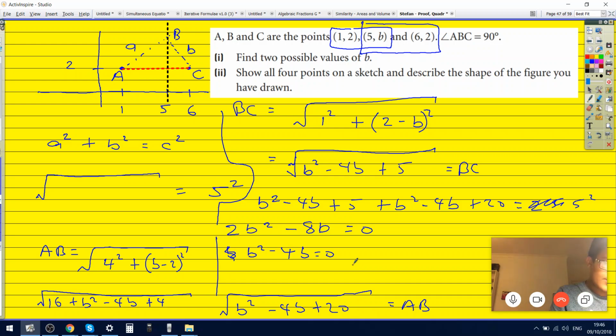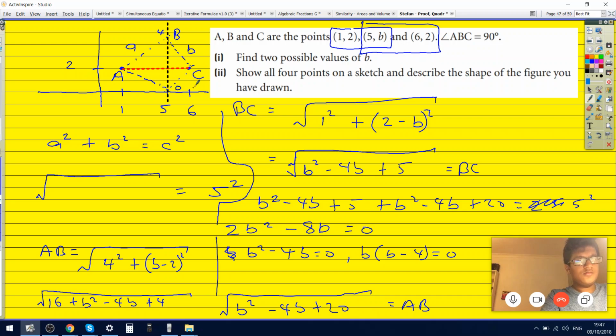Yes, so you have b outside a bracket and then b minus 4, which is 0. So b is 0 or b is 4. That b up there could be 4, or this one down here could be 0. The line is at 2, so it could be 2 above or 2 below.